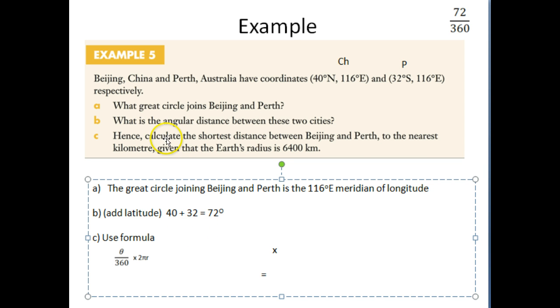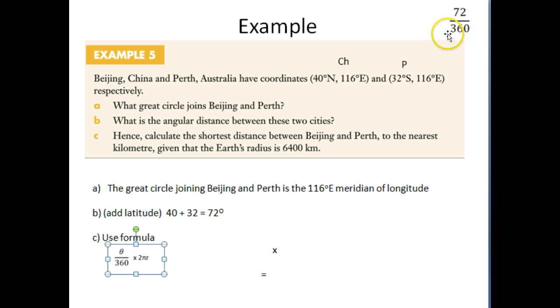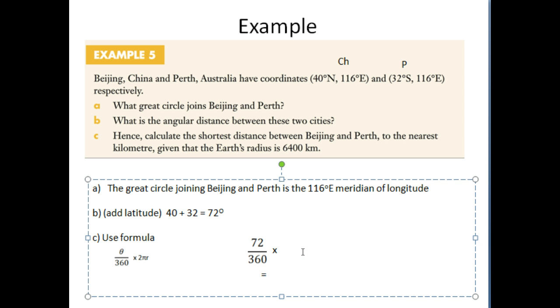Last question. Calculate the shortest distance between Beijing and Perth to the nearest kilometre. So if we've got Beijing up here, we've got Perth down here. They want to know what's that distance between the two. Now, it will be slightly curved, so we need to use our arc formula. What we need to do is replace the theta with 72 degrees, which we used before, and then times that by 2 times pi times 6,400.